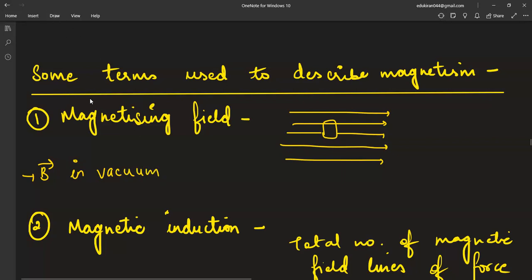And this further induces magnetism. Now, how is this possible?